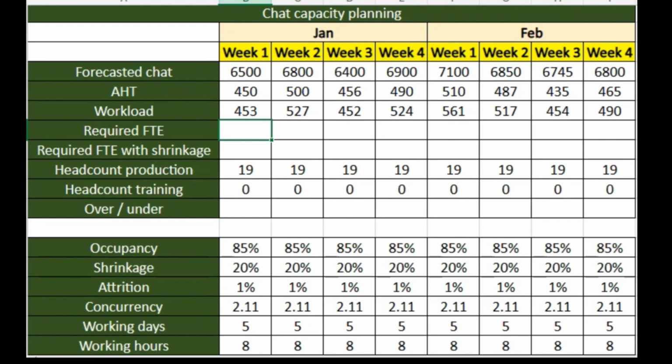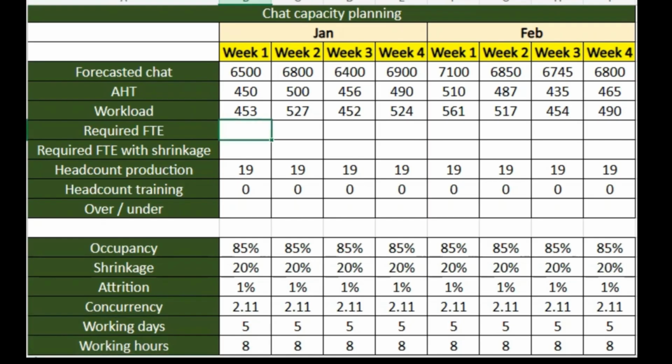Now we have to calculate the required FTE on the basis of the workload we have just found. Here you can see the working days are 5 and working hours are 8. The 8 working hours exclude the break: I have considered 9 hours of login time, and in those 9 hours, 1 hour is for the break.